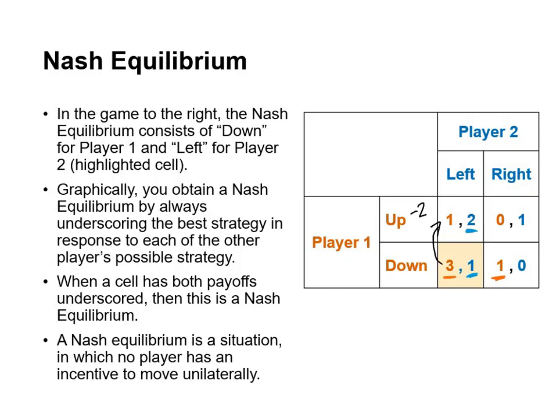Player 1 wouldn't do that. Likewise, player 2 would have no incentive to say, I let player 1 play down and I move unilaterally to right, because in that case player 2 would drop from a payoff of 1 to 0, which is a loss of 1. So a Nash equilibrium in words is a situation in which no player has an incentive to move unilaterally.